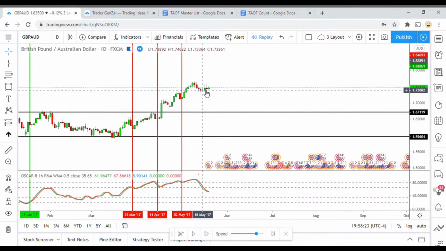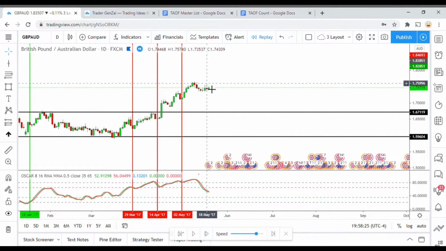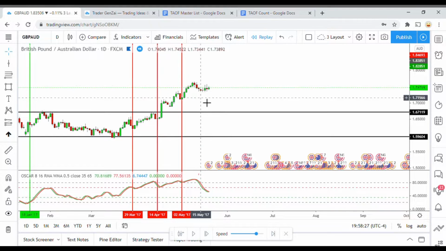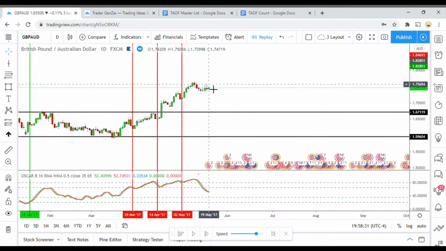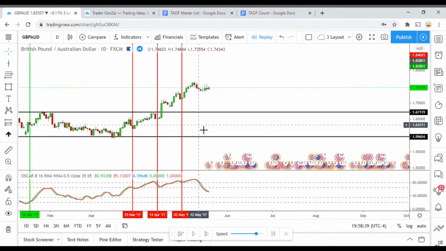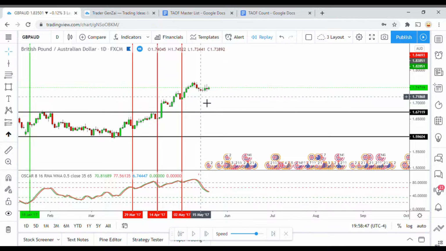There we go. So it's had this strong sweeping pullback here. You can see it's starting to develop the wicks here at the top of these candles. It might bounce up here for another push to kind of trap in some long breakout trades before it then starts to push its way down.